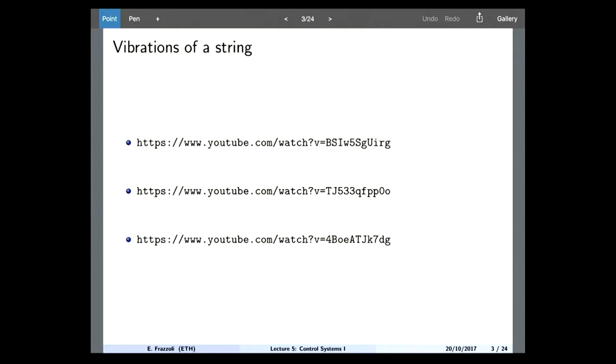So let's say that you have a guitar, and then you pluck one of the strings. What happens? You hear a sound. How is that sound related to the eigenvalues that describe the motion of the string? An idea? What is the sound that you hear?